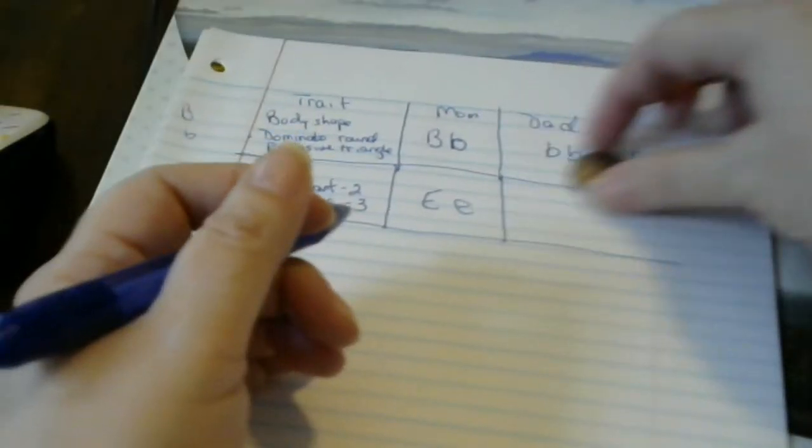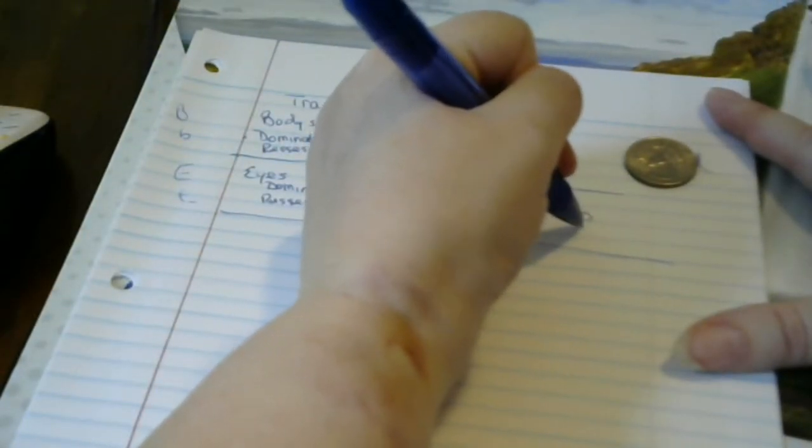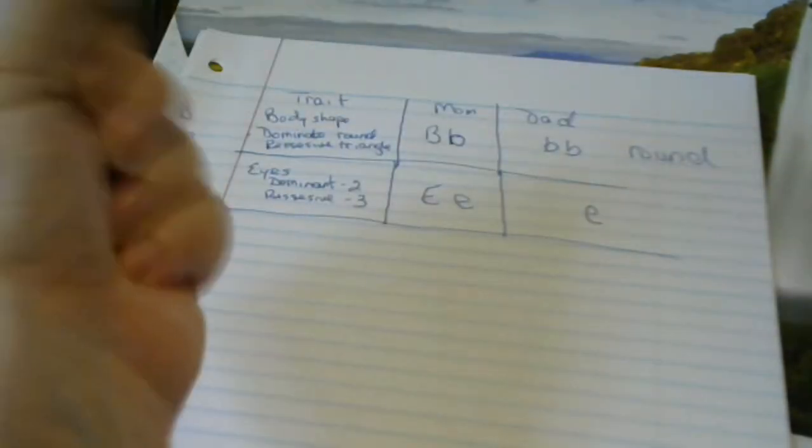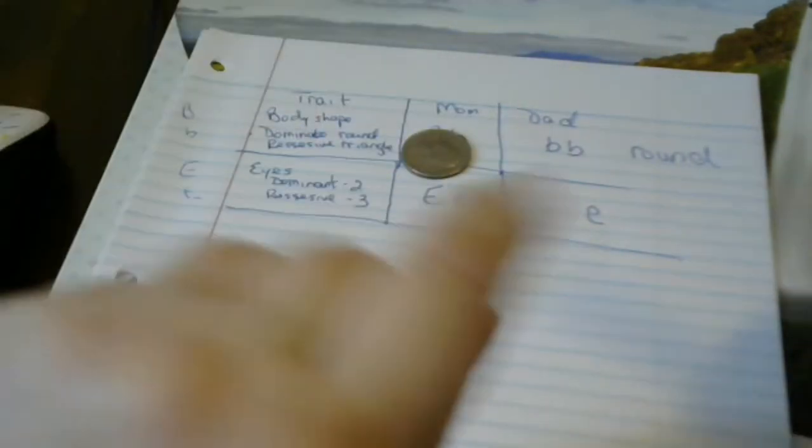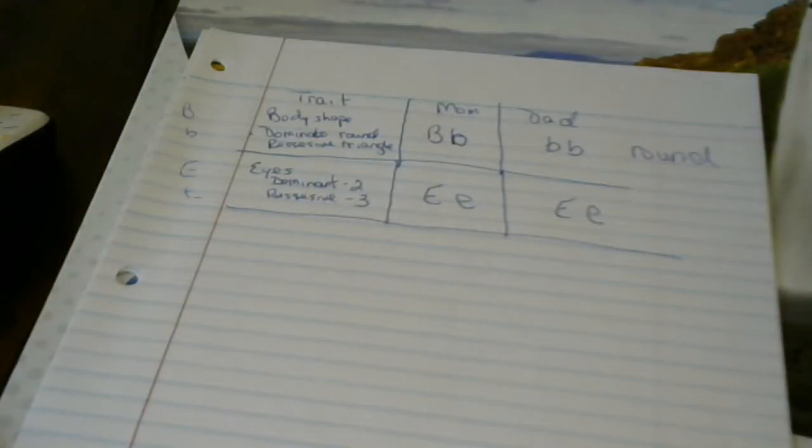So let's do dad. Dad has one recessive, and let's see what else he has. And he has one dominant. So on these, like I said, if you have any dominant alleles, then you're going to have the dominant trait, and that's going to be two eyes.